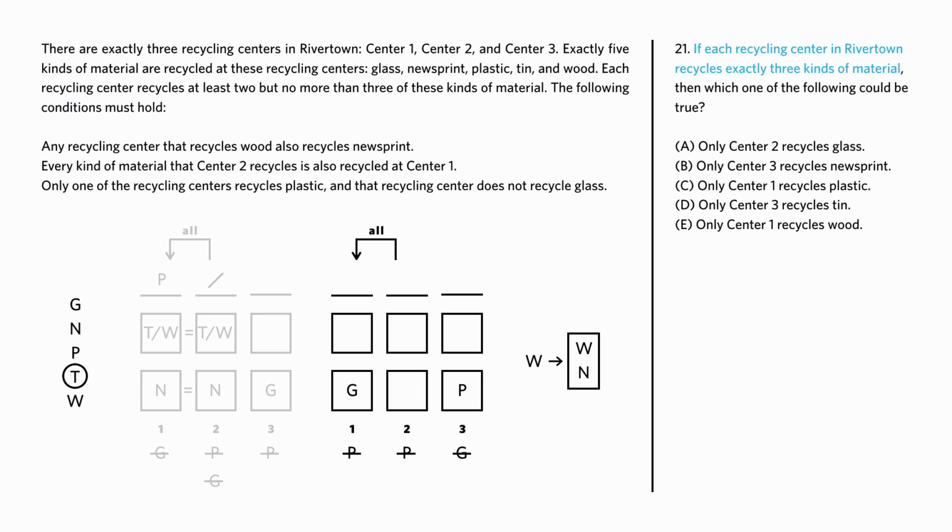First, we know that if all 3 groups are filled for group 2, since every element in group 2 must also be in group 1, for this situation we know G must be in group 2. That leaves N, T, and W for the remaining 2 spots in group 2. And of course group 1 as well.